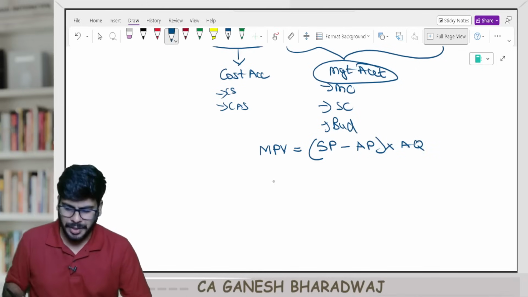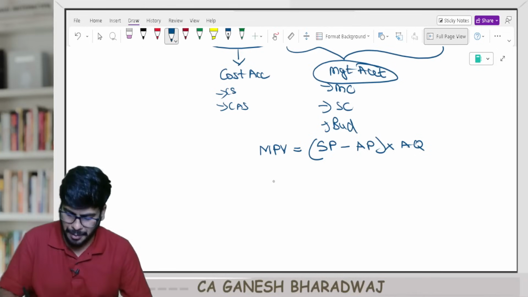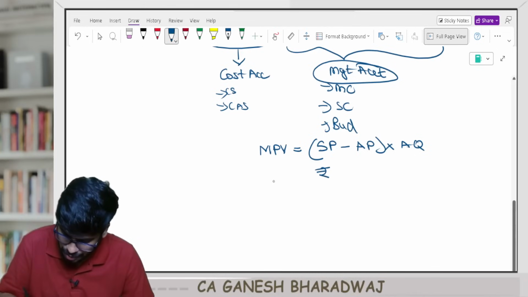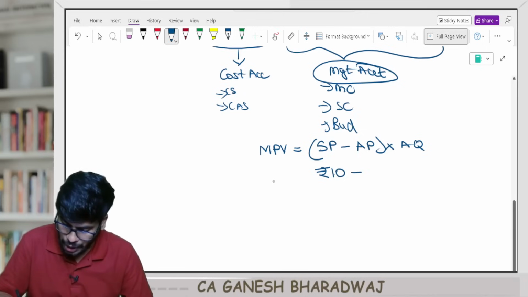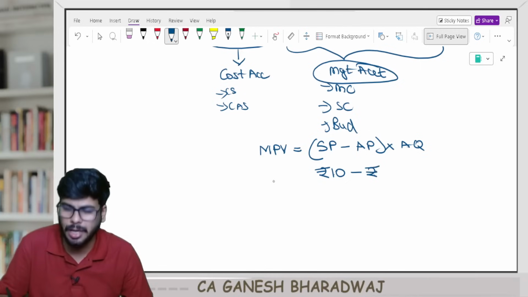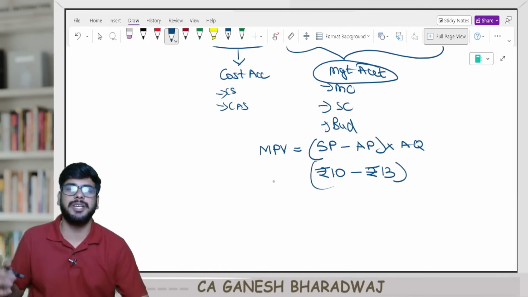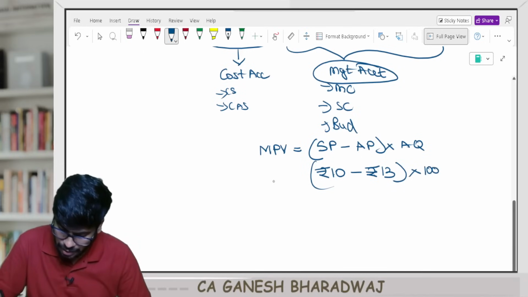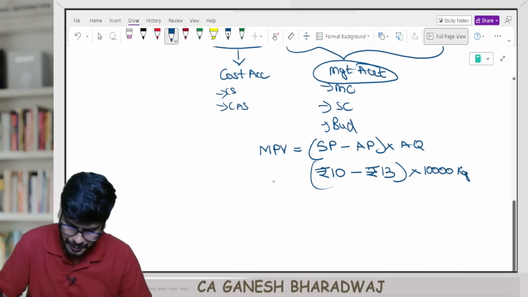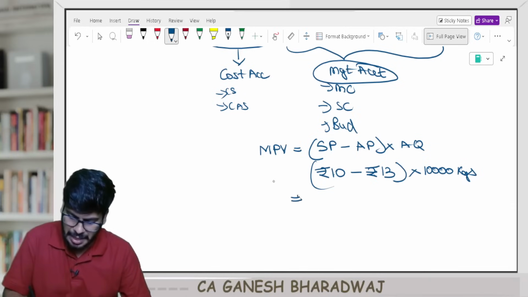Now, standard price, let us say for every unit of raw material purchased, you should have incurred only 10 rupees. But what happened? Actual price, you have actually incurred, let us say 13 rupees for every kg. And in this year, you have actually purchased, let us say 10,000 kgs of raw material.